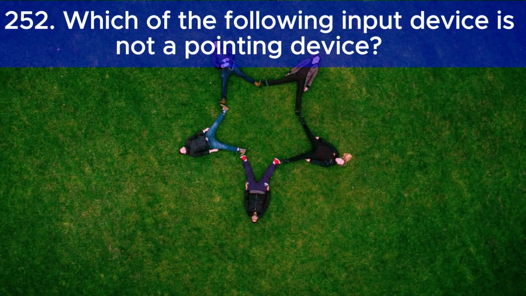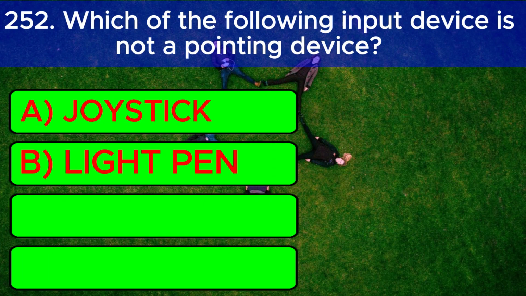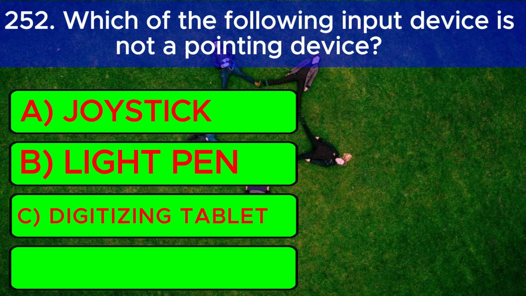Question number 5. Which of the following input device is not a pointing device? A. Joystick. B. Light pen. C. Digitizing tablet. D. Scanner.